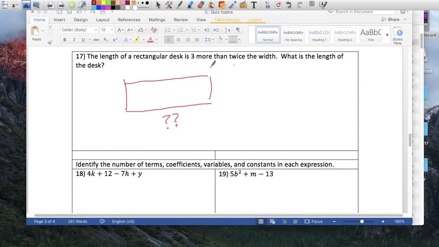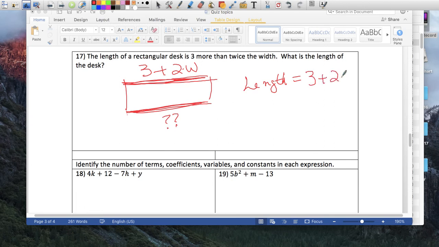So it says that the length of the desk, this part on top, to find that you have to do 3 more than twice the width. There you go, 2 times the width. So what is the length of the desk? The length of the desk is 3 plus 2 times whatever the width is.